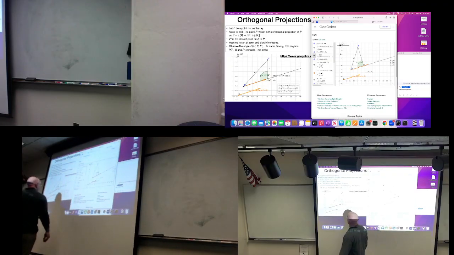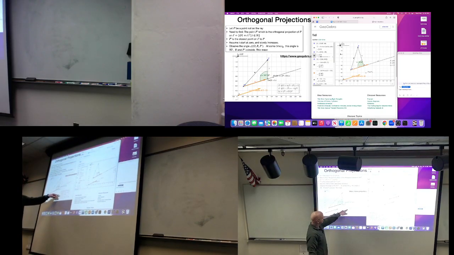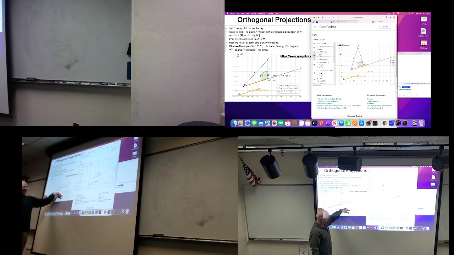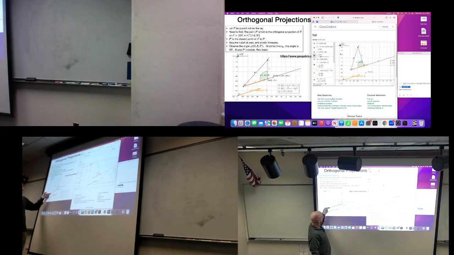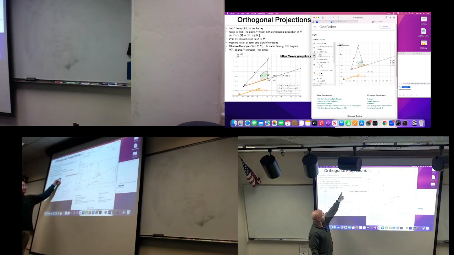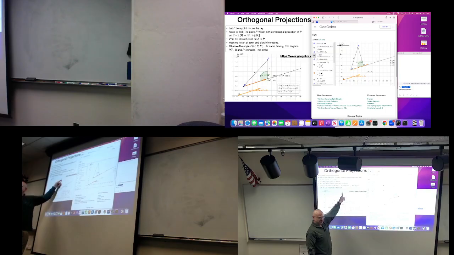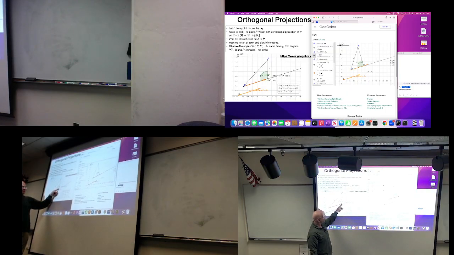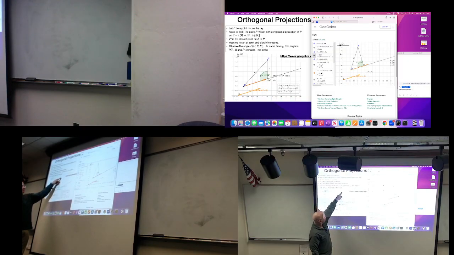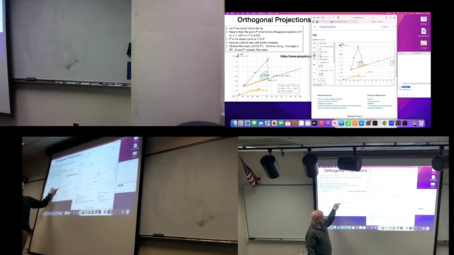So what should happen at this point is that the vector V will be orthogonal, because at this time it's orthogonal to the vector that goes from P to R. This should be orthogonal to this.